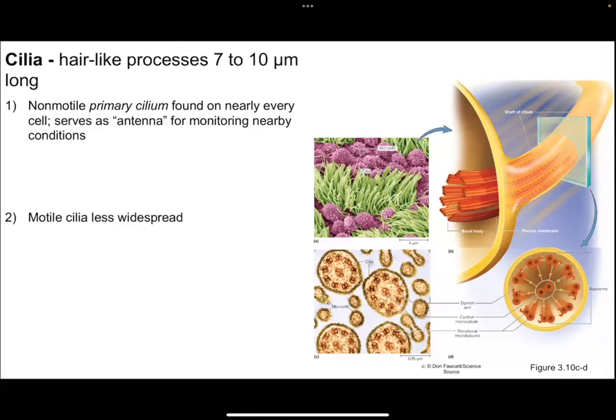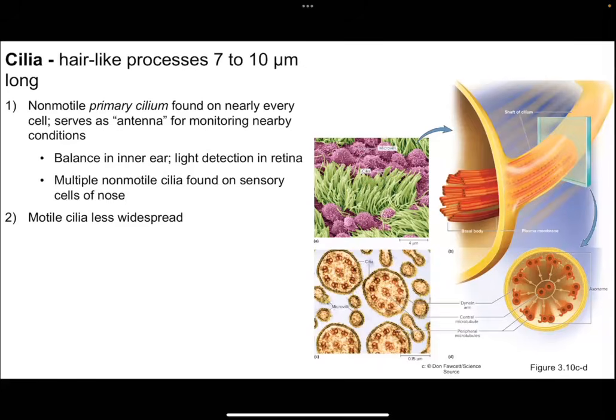That's what motile means. For the non-motile cilium, some distinct examples: you can find them in the inner ear hair cells. These cilia can pick up on changes in fluid, which contribute to your balance.